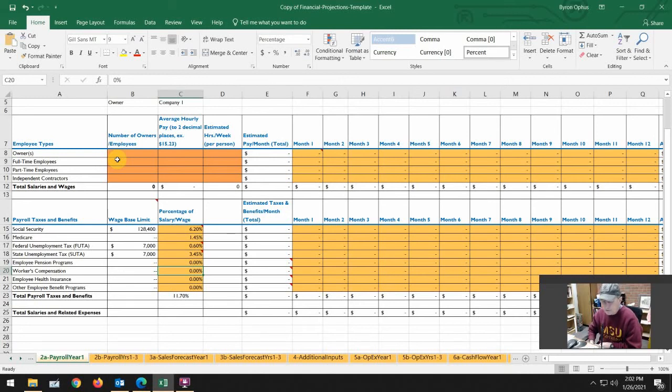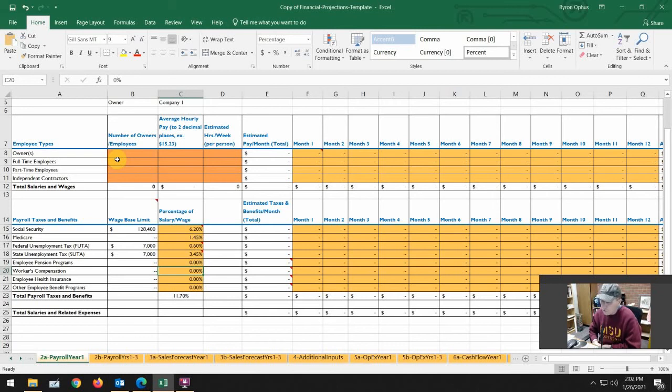So if the business makes $100,000 and you take out $50,000 in owner's distribution, you're still going to pay personal taxes on the $100,000. On the other hand, if the business makes $20,000 and you take out $50,000, you're only going to pay taxes on that $20,000. And your business is probably going to spiral downhill if you do that for very many years.